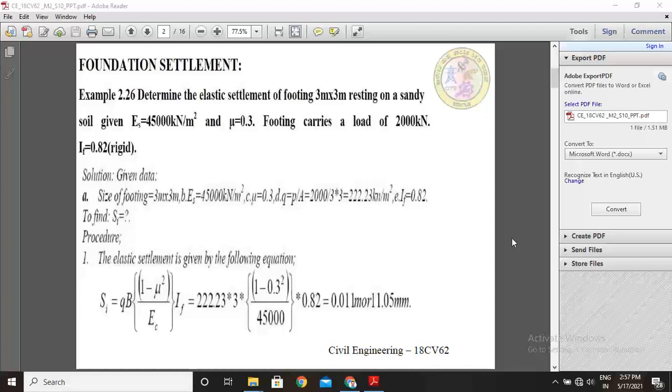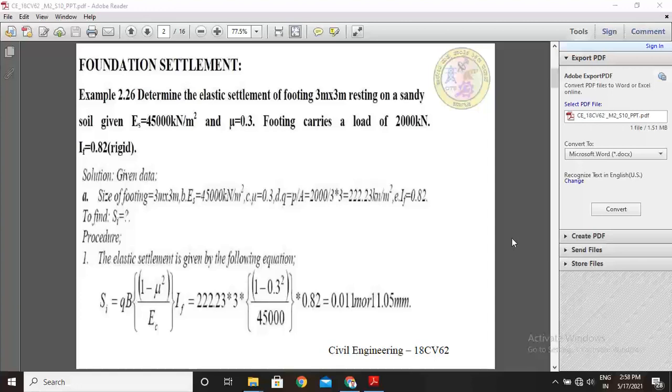In procedure step 1, the elastic settlement is given by the following equation: SI equal to QB into 1 minus mu square by ES into IF. In this equation, substitute the value from the above given data. Q is 322.23 into B is 3 meter into 1 minus mu is 0.3 square divided by ES is 45300.